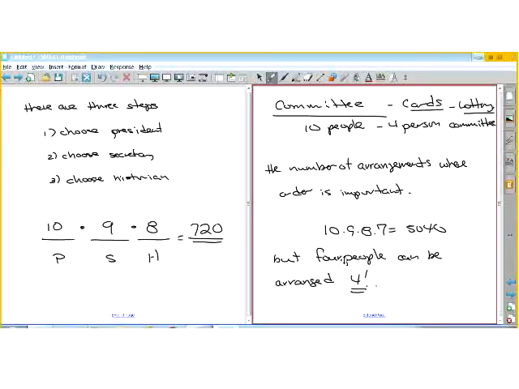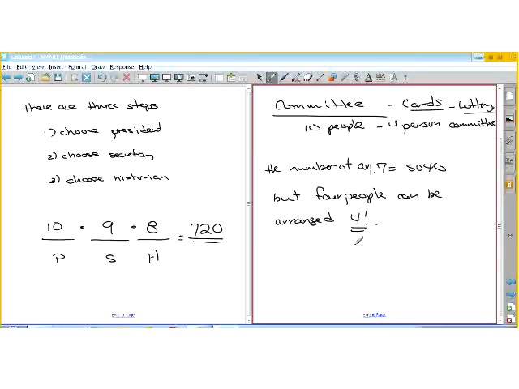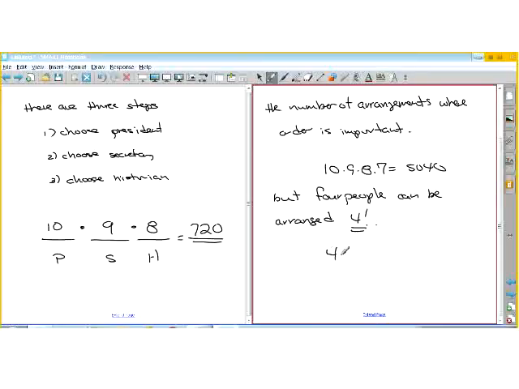Because when I pick 4 people, the fundamental accounting principle would say, okay, I'm going to have 4 choices for the first slot for the 4 people. The next slot is 3, 2. I go all the way down to 1 because there are 4 slots and there are 4 people. So I multiply those together and I get 24. So there are 24 arrangements. For a given 4 people, there are 24 arrangements.